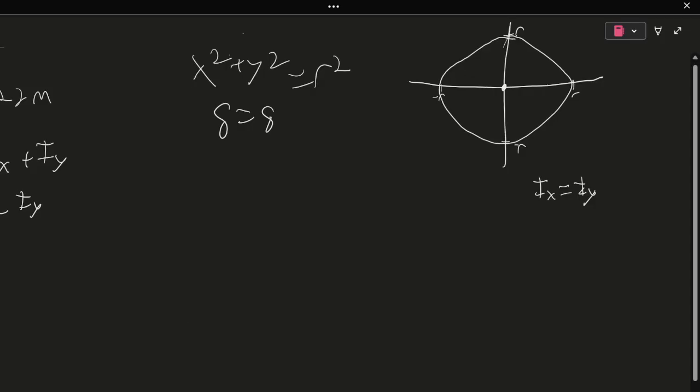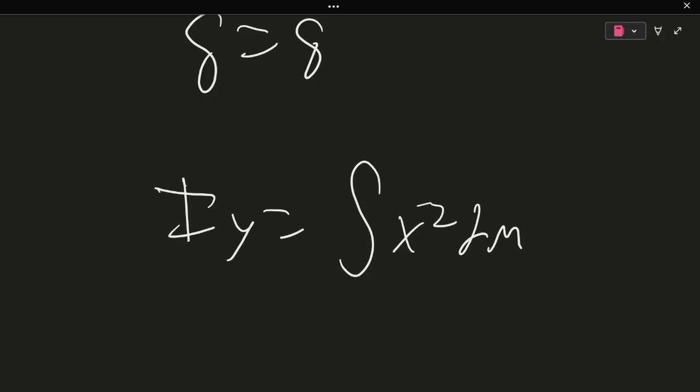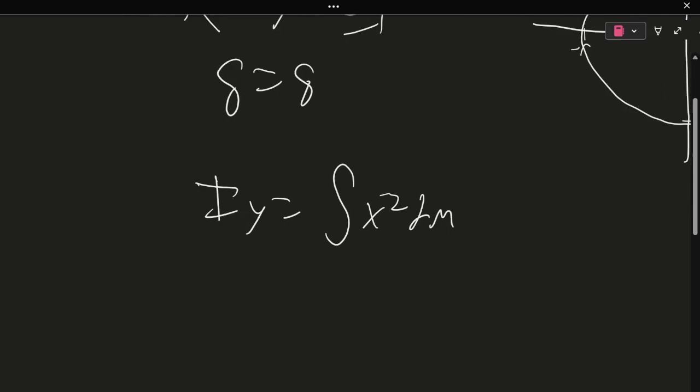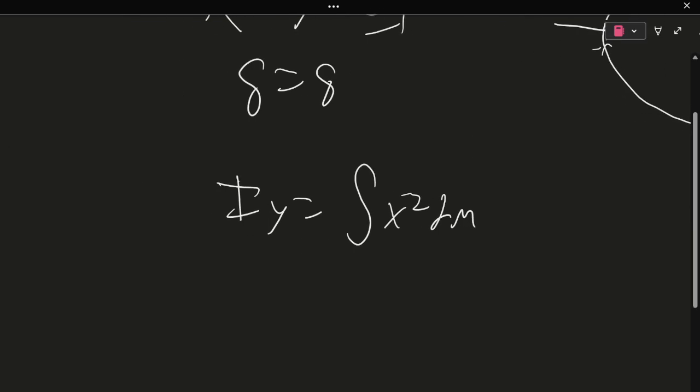Alrighty, so if we want to find the moment of inertia about the origin, we first need to solve for the moment of inertia about the y-axis. So we have the equation I sub y is equal to the integral of x squared dm. And now we need to find both our region and also our dm.